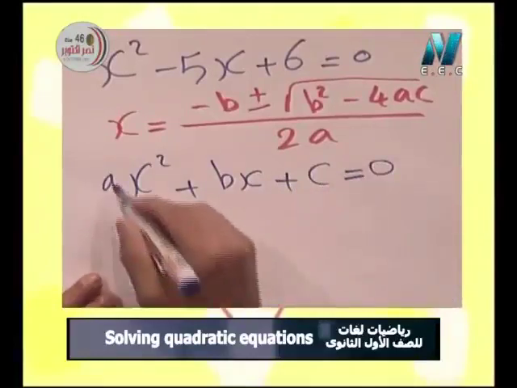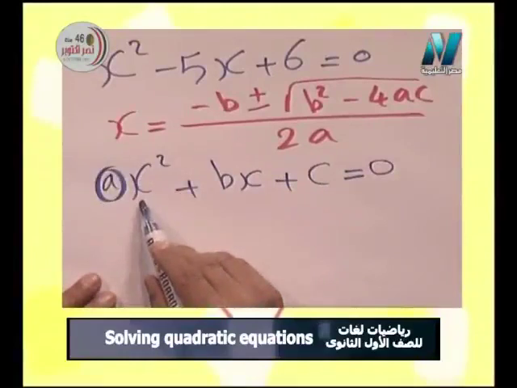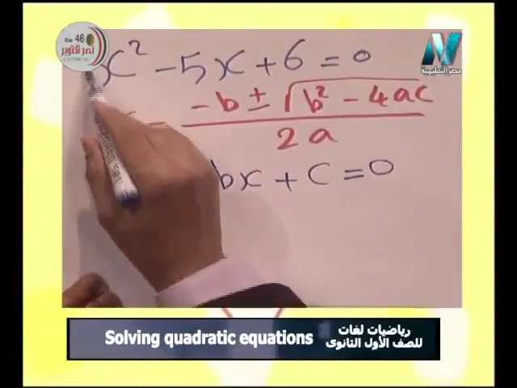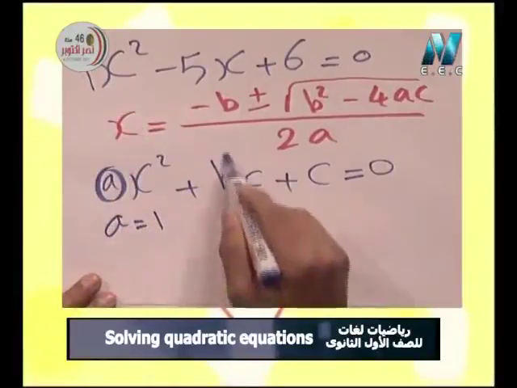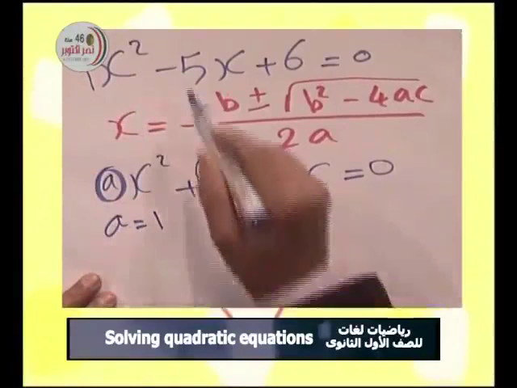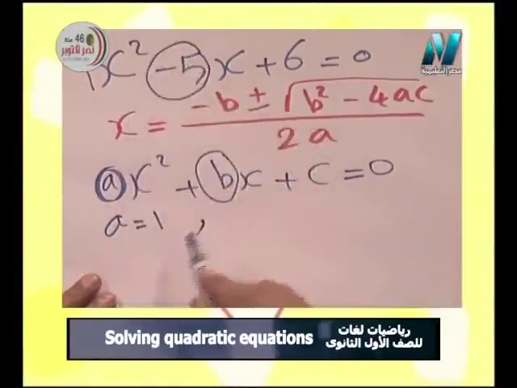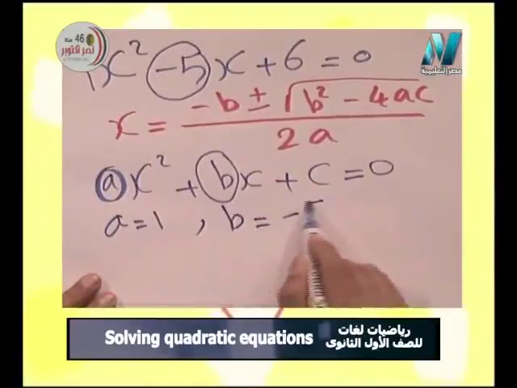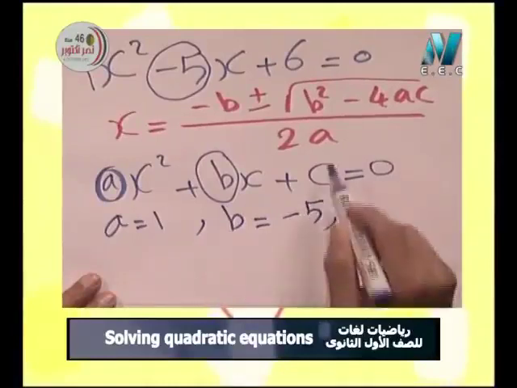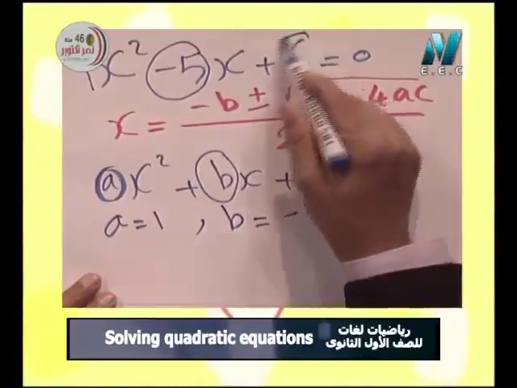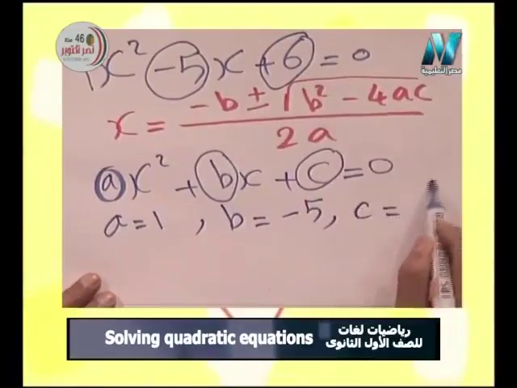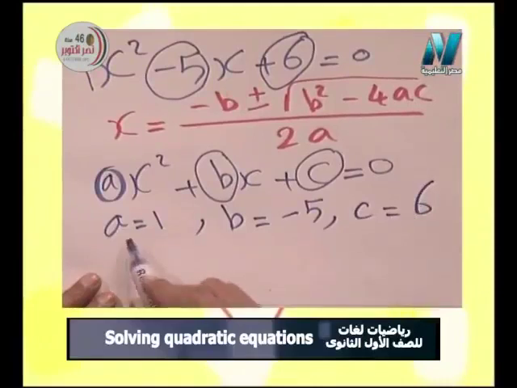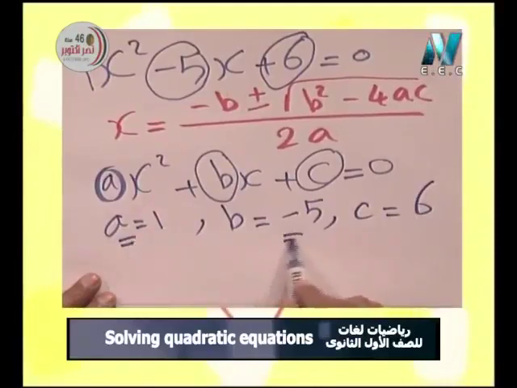Okay, a is the coefficient of x power 2. So a here is 1. a equals 1. And b is the coefficient of x. So b here equals negative 5. And also c equals the absolute term, or absolute number, which is equal to 6. So we have a equals 1, b equals negative 5, c equals 6.